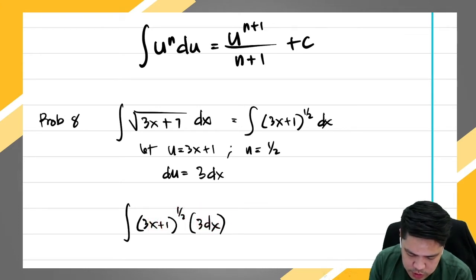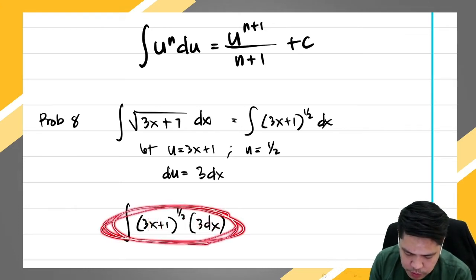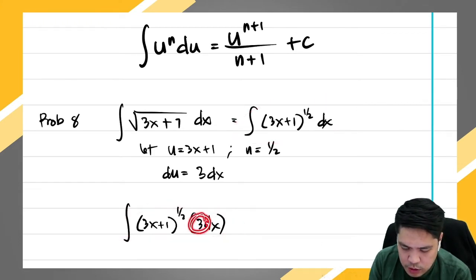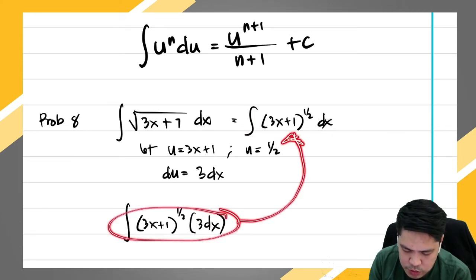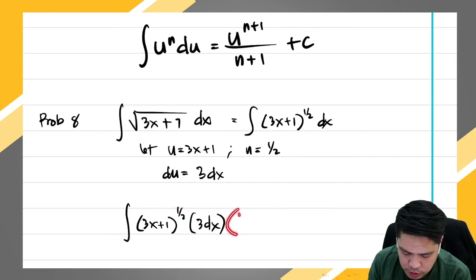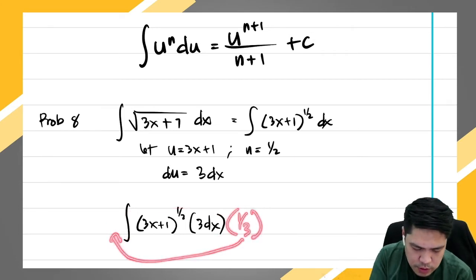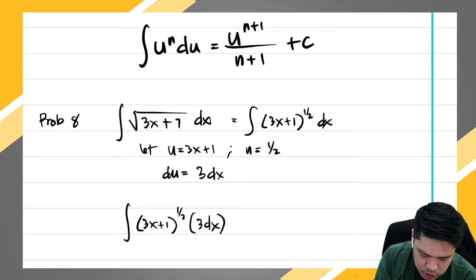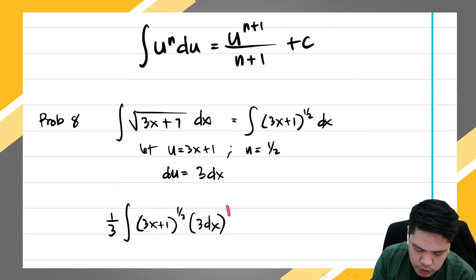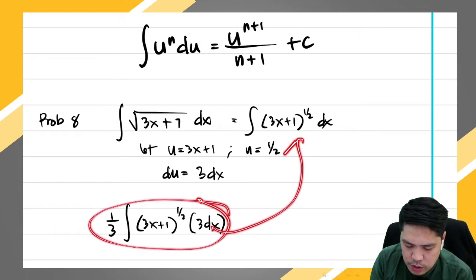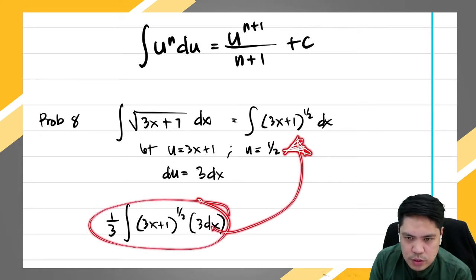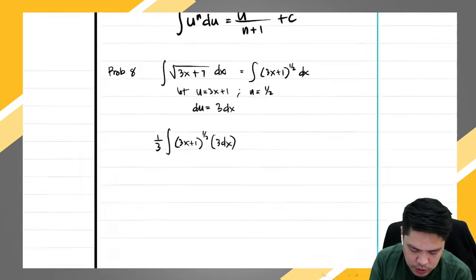Okay, so we have now the form u raised to n du. But notice that this expression is not the same as this, because here there is a 3, and here there is none. In order for this to be the same as what we are supposed to evaluate, we must multiply this by 1/3. And since 1/3 is a constant, we can just take it outside. Meaning, you just need to multiply this by 1/3 for this expression to be the same as the given expression that we need to evaluate.